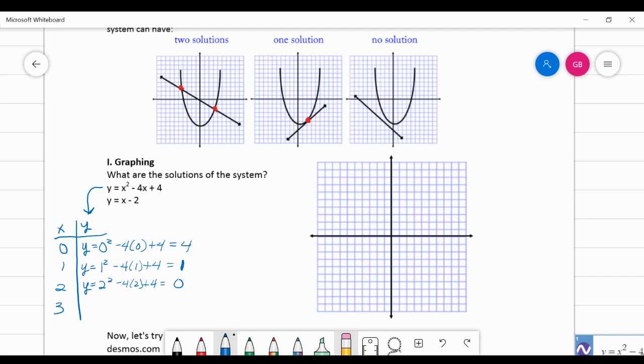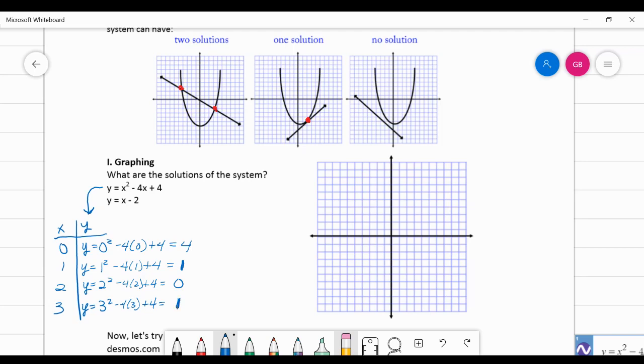And if x is 3, 3 squared is 9 minus 12, that's going to be negative 3 plus 4 is 1.